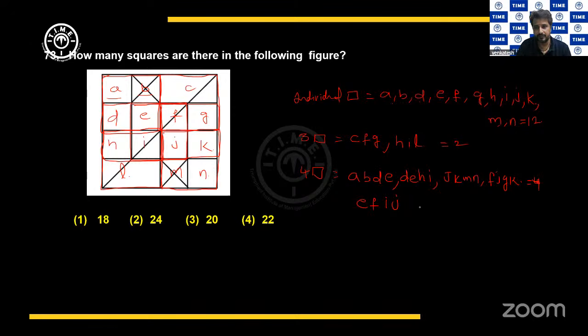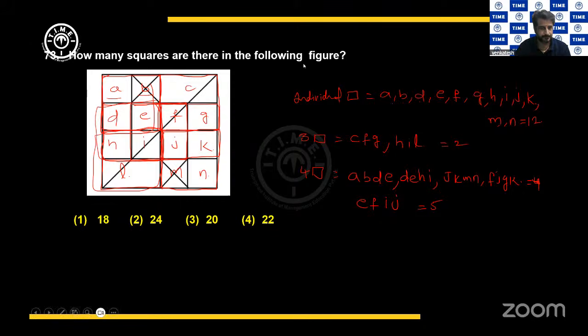Not 4, it is 5. Any more? Are we missing out anything? We have taken ABDE, we have taken DEHI, we have taken this as well. Yes, 5.